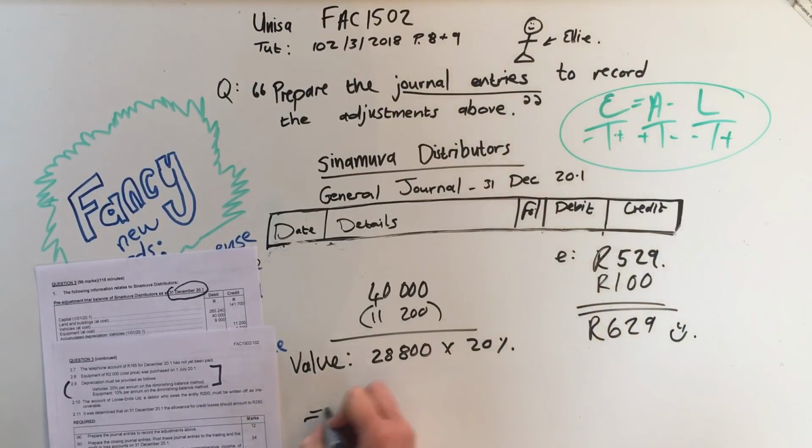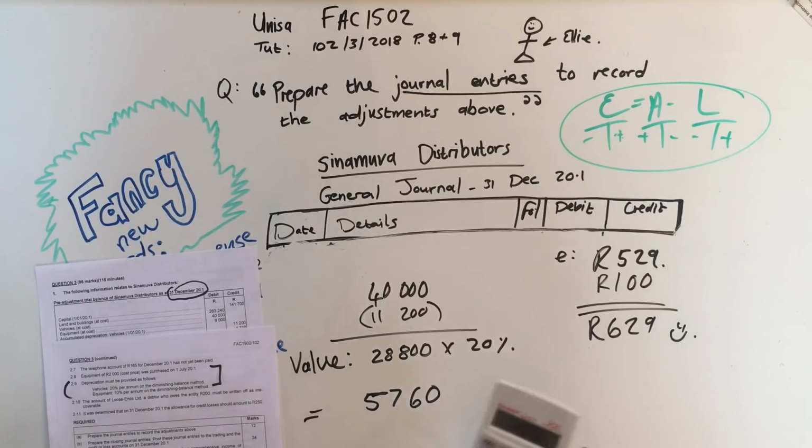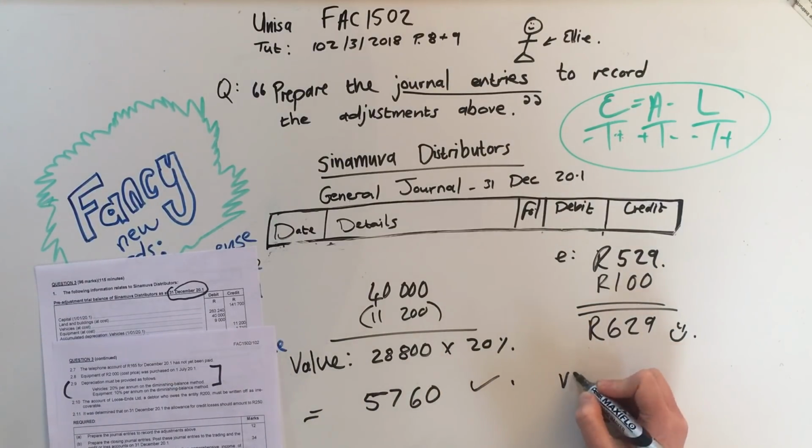And that value that you're supposed to get is 5760. Oh, there we go, it's working. That's very strange. 40,000 minus 11,200 equals 28,800 times 0.2 equals 5760. Great. That is our depreciation on vehicles.